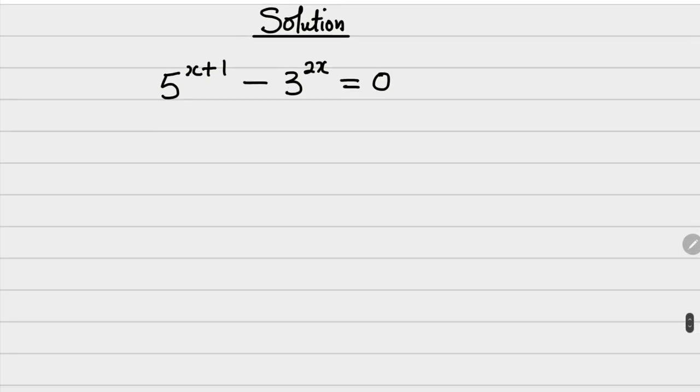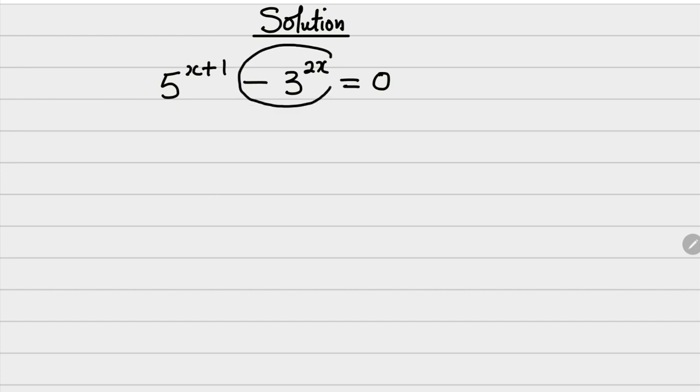The first thing you need to do is to take this over, cross it to this side. All right. Now I'm going to have 5 raised to power x plus 1 will now be equal to 3 raised to power 2x. Okay.